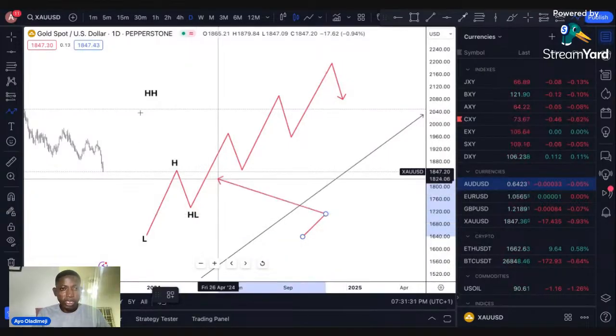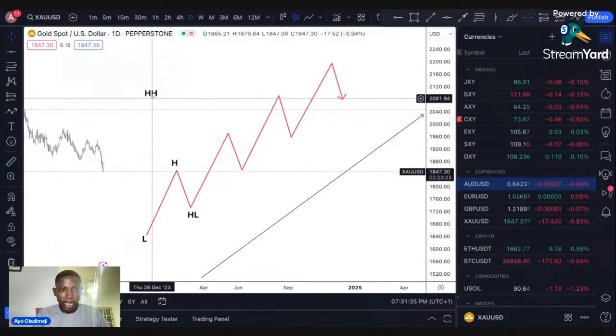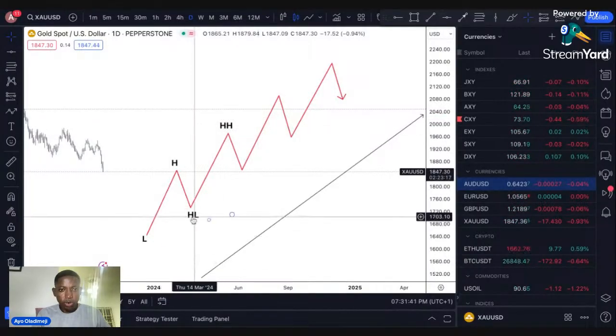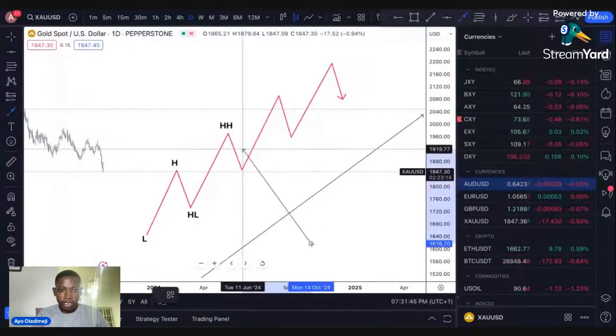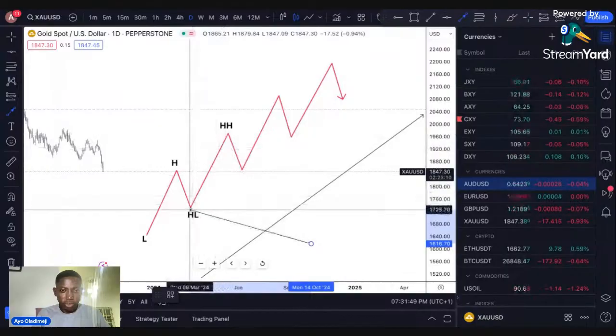Then the next thing we are going to see is what we call higher high. When you look at this high in relation to this low, it is a high.